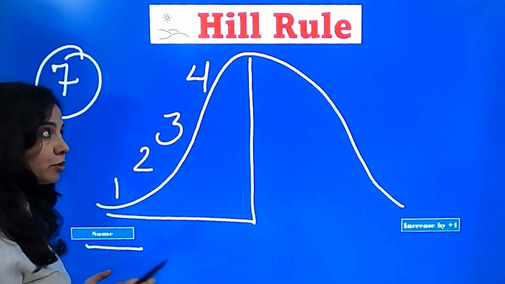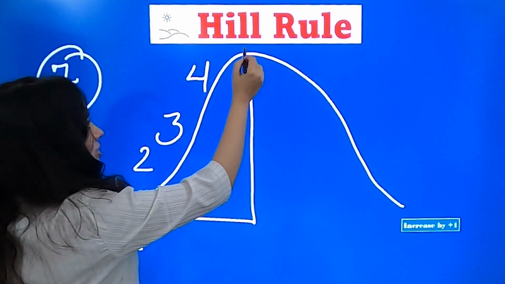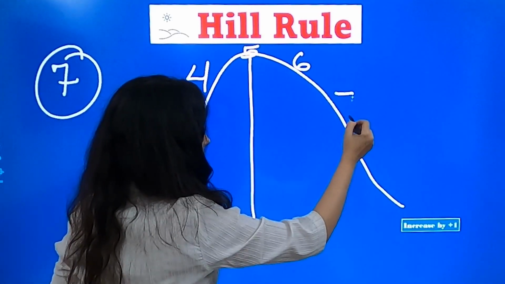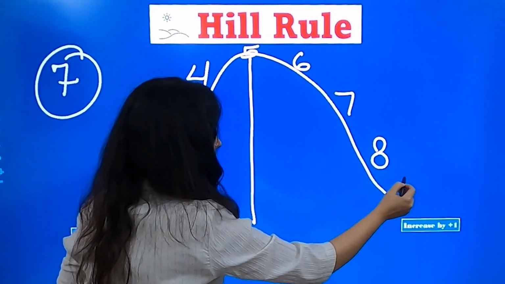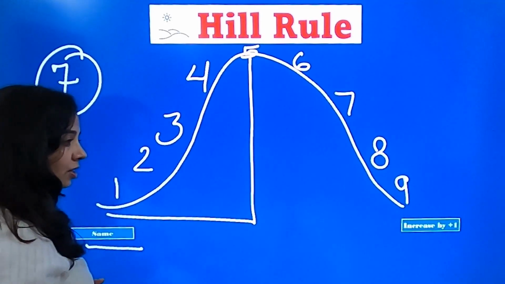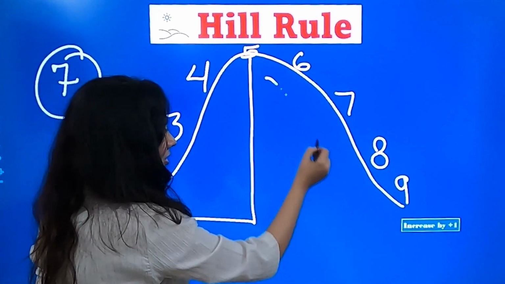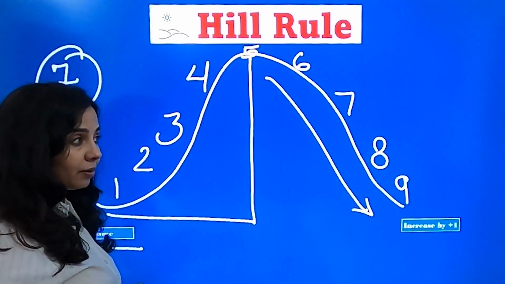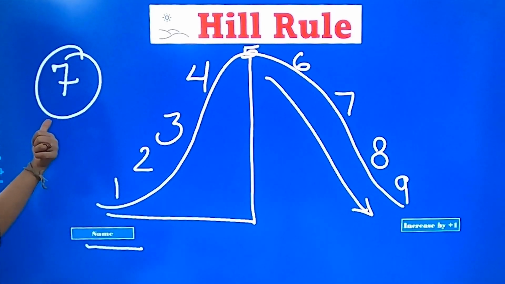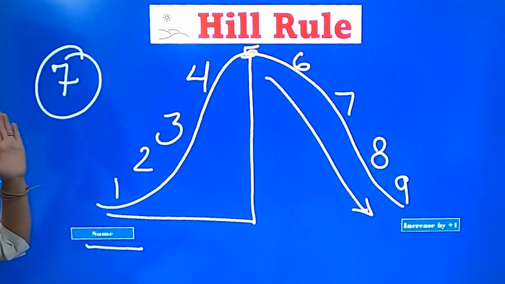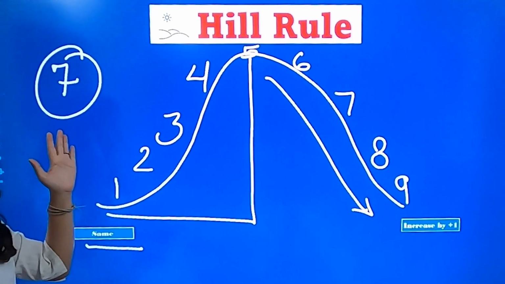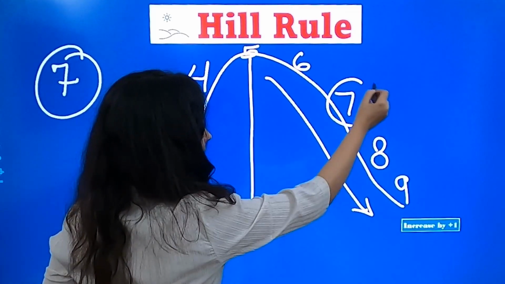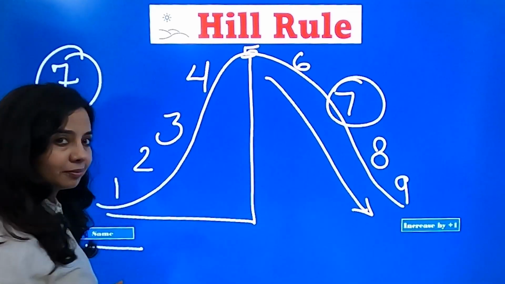There will be no change in it. But if it is 5 or 6 or 7 or 8 or 9, then we'll increase our focus digit by +1. So what will happen to our focus digit when the right hand side digit was 7? It will increase by 1 because 7 lies on this part of the hill.